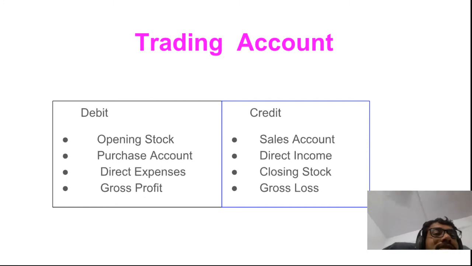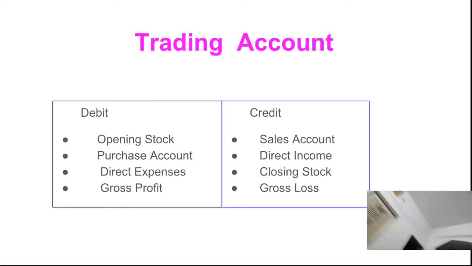The working process is also mentioned here on the credit side of the trading account. Direct income, then closing stock. When you purchase some products in a quantity, then sell, and some quantity remains, that is called closing stock. Then you get either gross profit or loss.